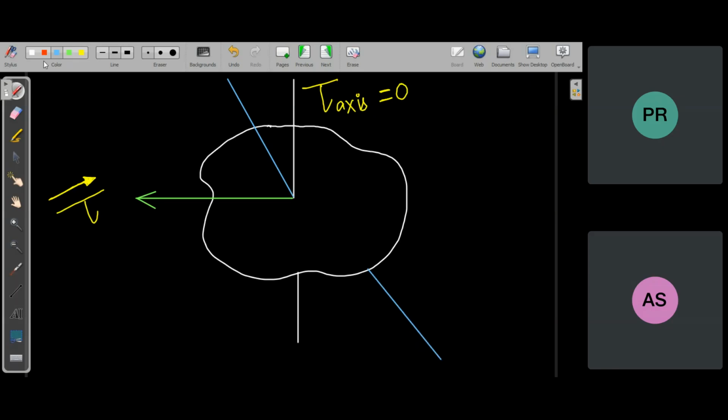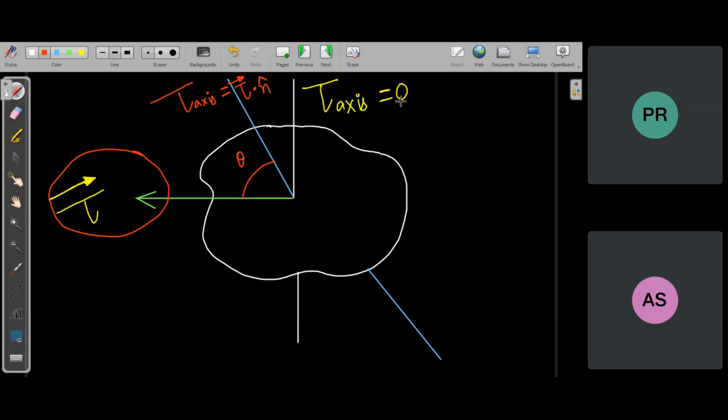It is inclined at some angle theta, which is less than 90. Then also we can find the torque about this axis, and the torque about this axis will be simply the component of this torque about the axis. How to calculate it? Torque vector dot n cap, where n cap is the unit vector along the axis.